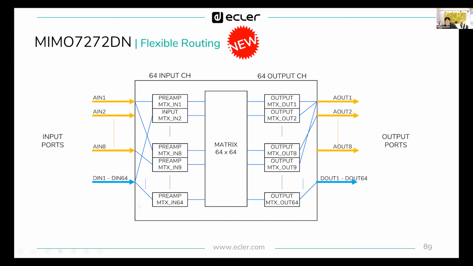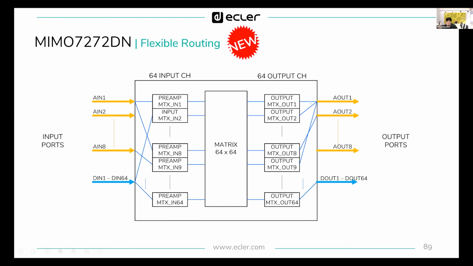You have this flexibility, and you can have presets which change these routings. So you can have several scenarios, and the same for the outputs. You can decide if you want to send this channel of the matrix to output port 1, and you can send several outputs of the matrix to the same port.